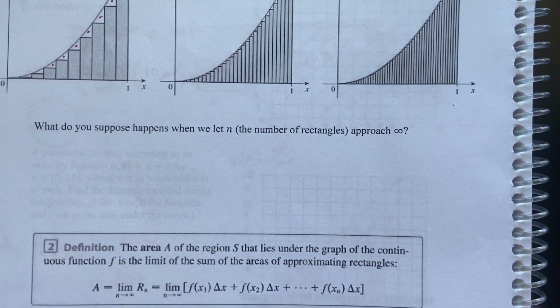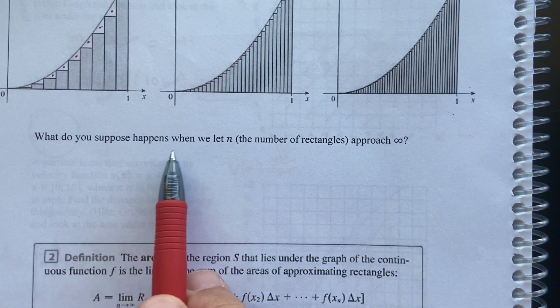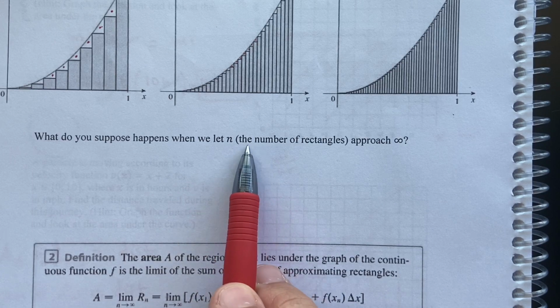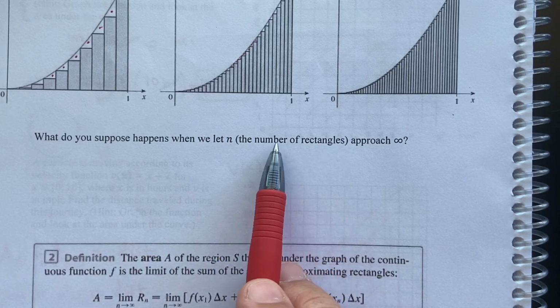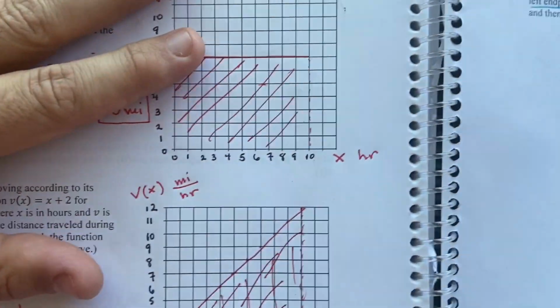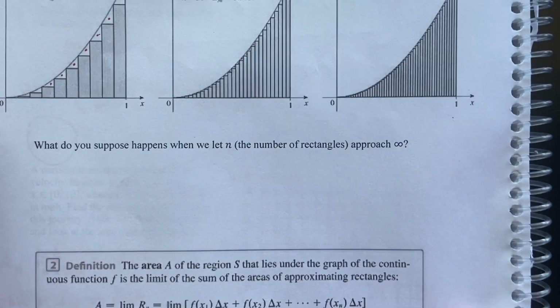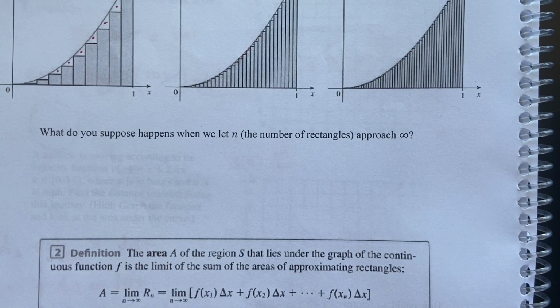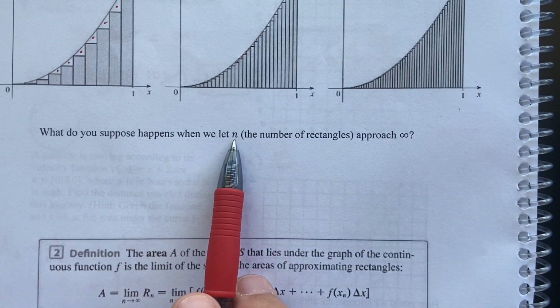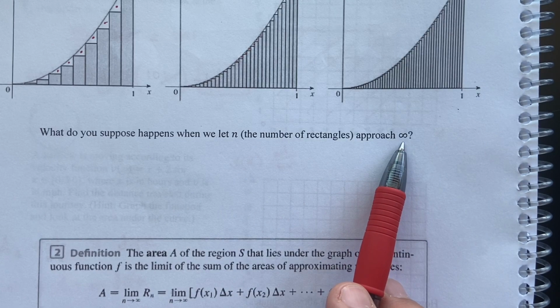So what do you suppose happens when we let n, the number of rectangles, so we're going to call n the number of rectangles that we use. So in our previous one, which I'm not going to show actually, n would have been 3. So what happens when we let that n approach infinity?